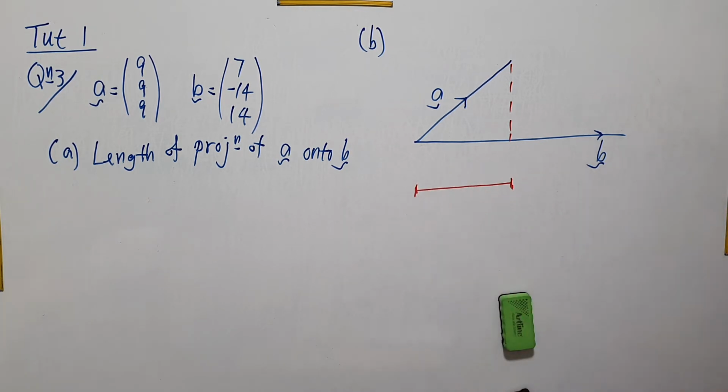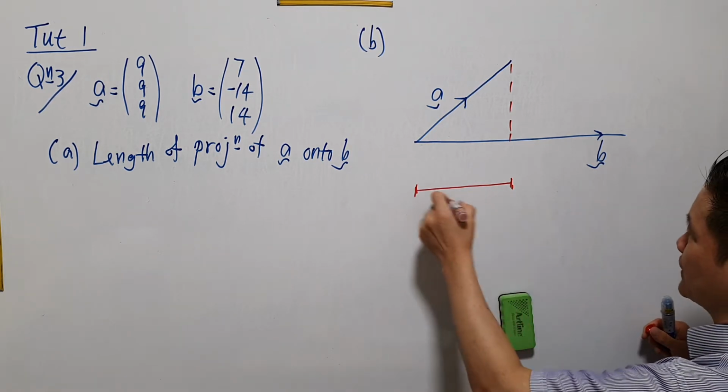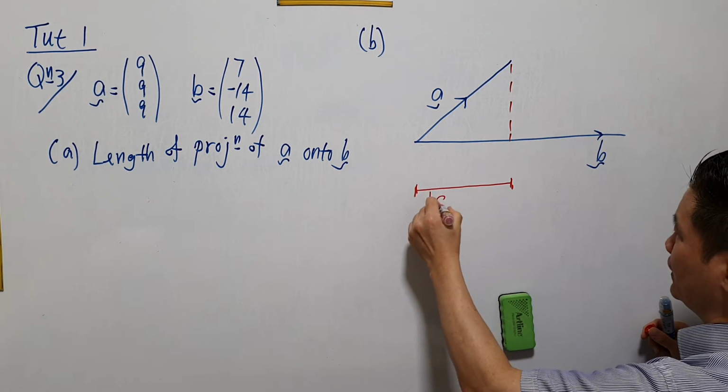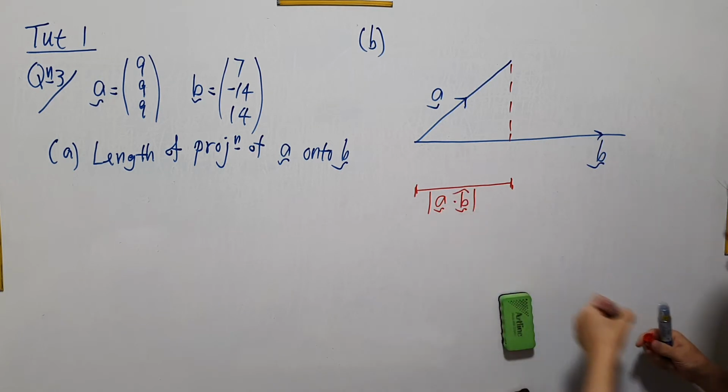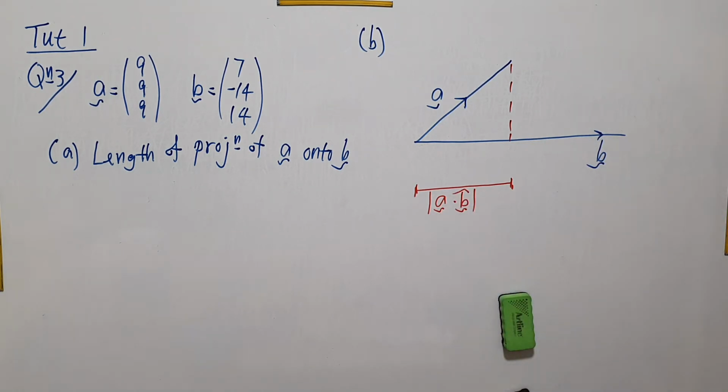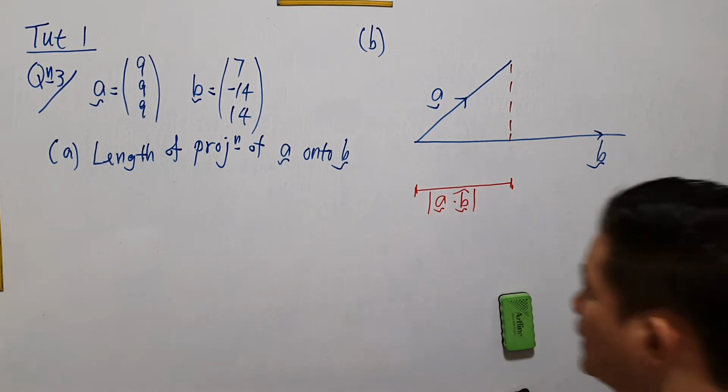If you could recall, in the video on projection, you learned that to find this length is simply A dot B hat. So what I'm going to do right now is to find the length.